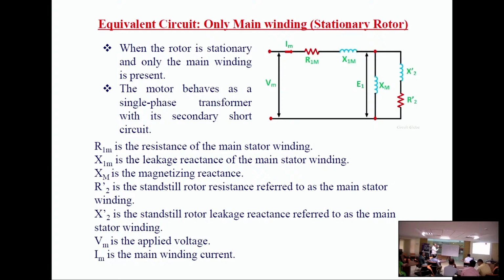So the quantities are multiplied by S. At starting they are the same, during running they are not the same. So when you represent the equivalent circuit, these two are not the same because you are multiplying by S. To change this, we will divide by S. So this is divided by S, and it will be E2 divided by R2 by S plus j X2.